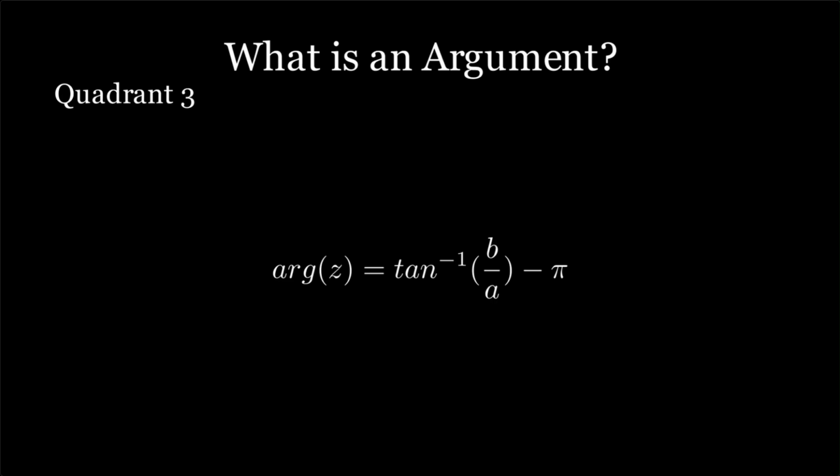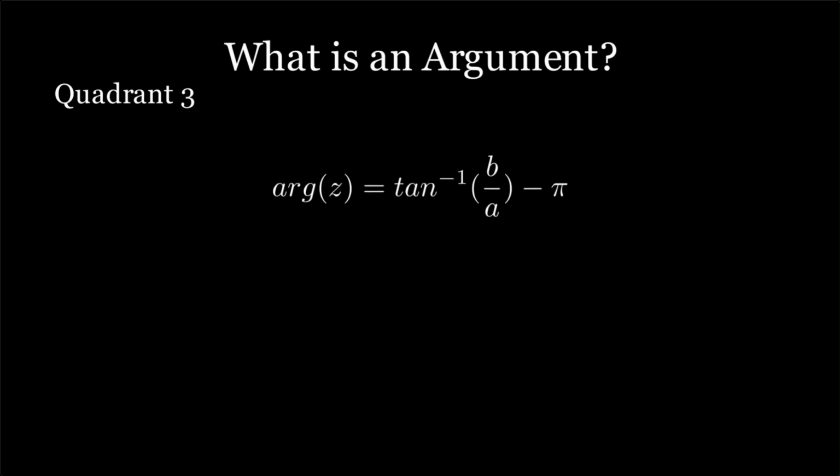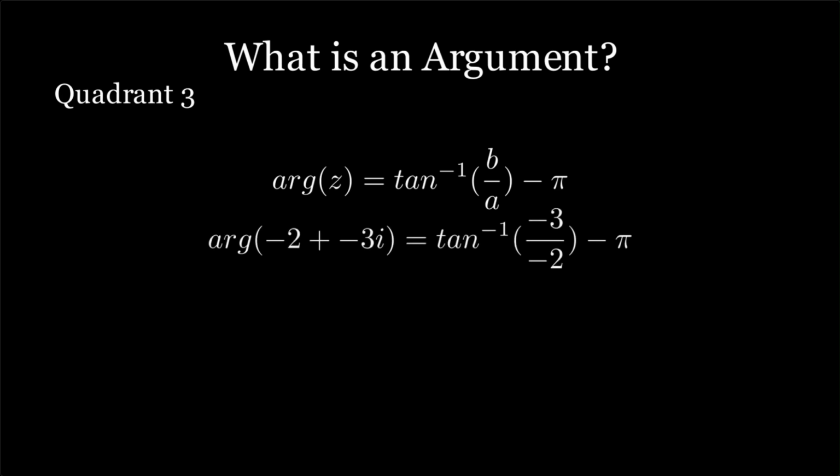So we can find the angular distance needed to reach the positive real axis through the fourth quadrant by taking the inverse tangent of b over a using our triangles, and subtracting pi from that.